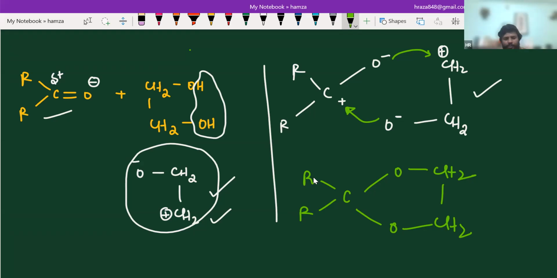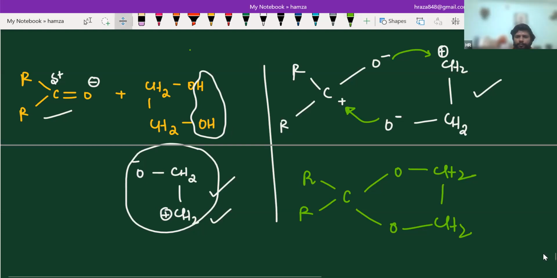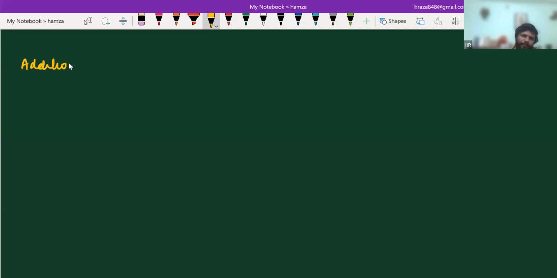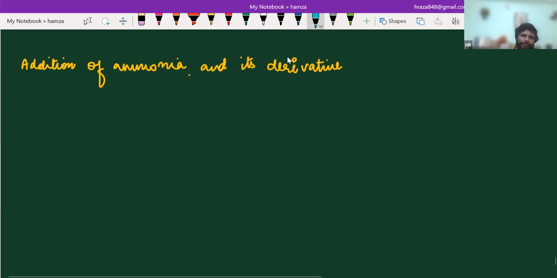Now moving to the next type of reaction, that is basically addition of ammonia and its derivatives. It's very simple.